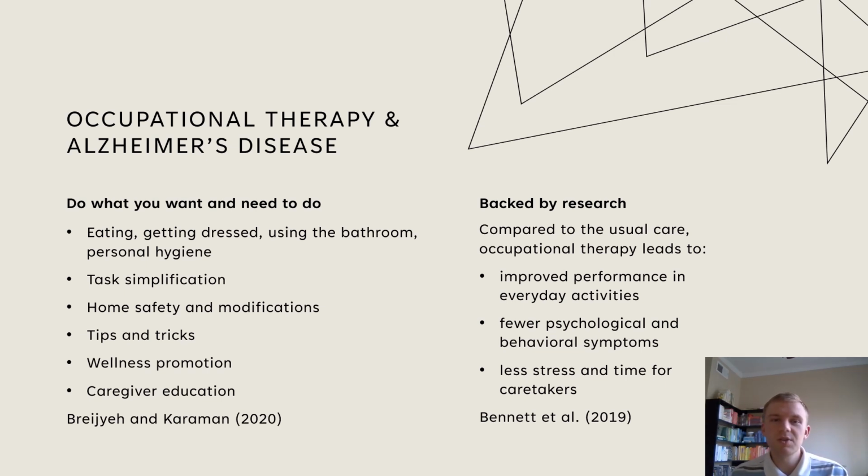And so what occupational therapists can do is make some of those tasks, such as eating, getting dressed, using the bathroom, showering, shaving, doing your hair, things like that, a little bit easier. Some ways that we do that is through task simplification. We can introduce various tools to help with some of those tasks. We can also help with organizing techniques.